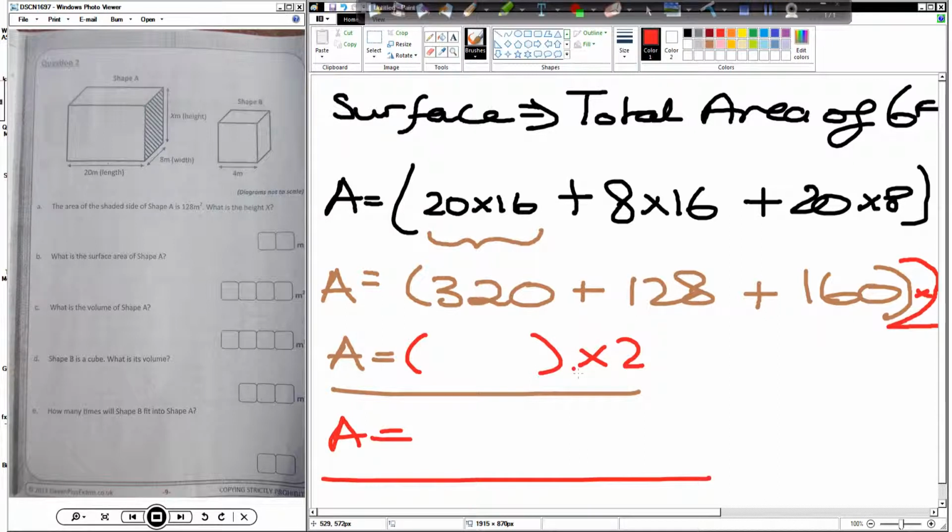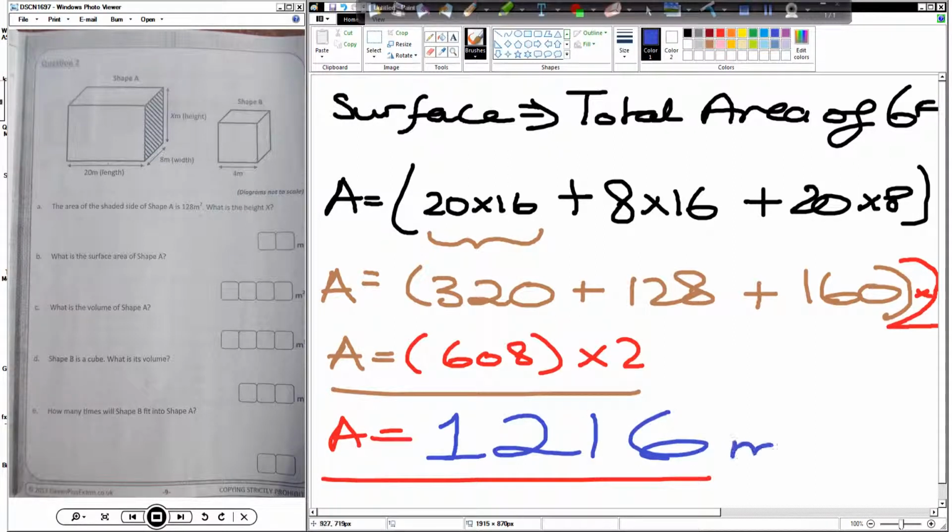So 320 plus 128 plus 160, that gives us a total of 608. If we double that, it would give us 1216. 1216 is absolutely the correct answer, what they are looking for. 1216 meters squared.